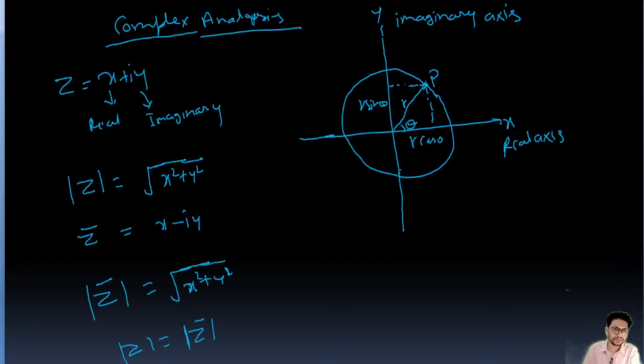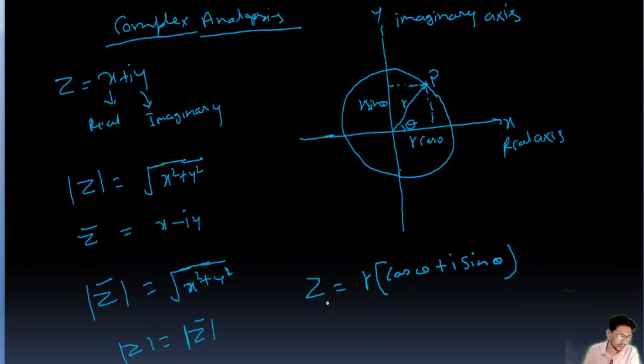Okay, so these are the values of mod z and mod z bar. And from here you can get z equal to, in polar coordinates, r cos theta plus i sin theta, right? x plus iy, right?